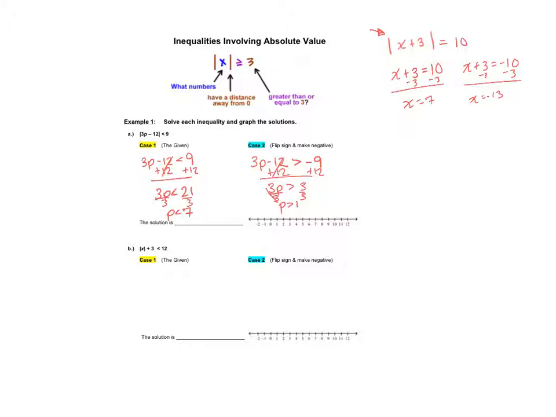Now we need to write our answer as an and or an or inequality. Whenever we start with a less than sign, I know that this is an and inequality. I actually call these less thAND as a way to remember that this is an and inequality.